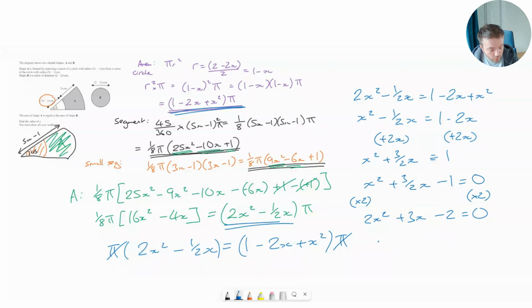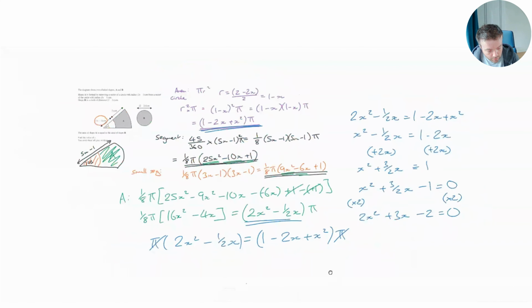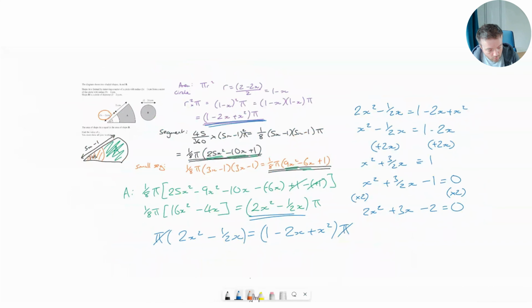So we now have got to solve out what this is. We're going to say what multiplies together to make minus 4, but adds together to make plus 3.